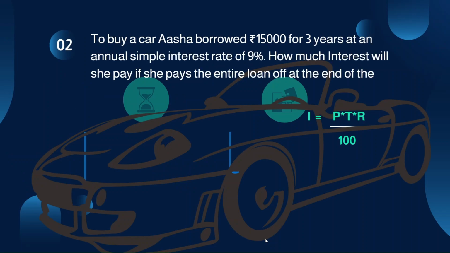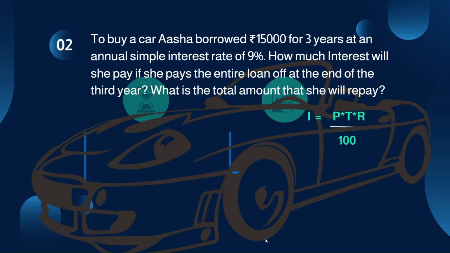Next sum. To buy a car, Asha borrowed 15,000 rupees for 3 years at an annual simple interest rate of 9%. How much interest will she pay if she pays the entire loan off at the end of the third year? What is the total amount that she will repay?